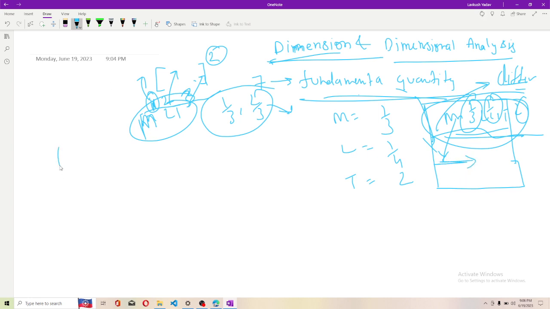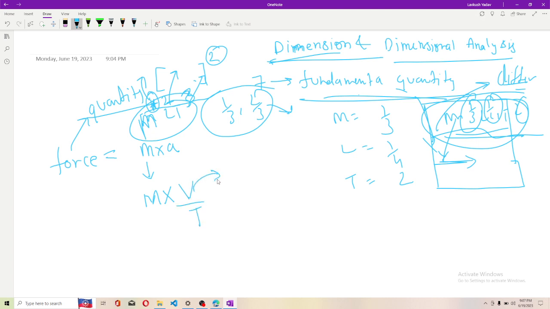Like suppose we have a force. Force is a physical quantity. Force is a vector quantity, but I'm just taking it as a quantity. So you know the force formula is mass into acceleration, where mass is having capital M, and acceleration is velocity upon time, v upon t.